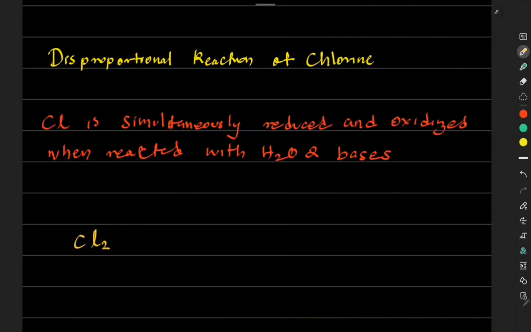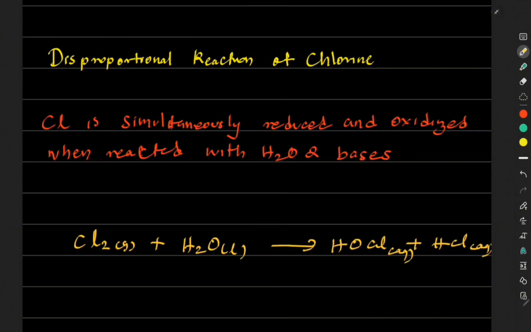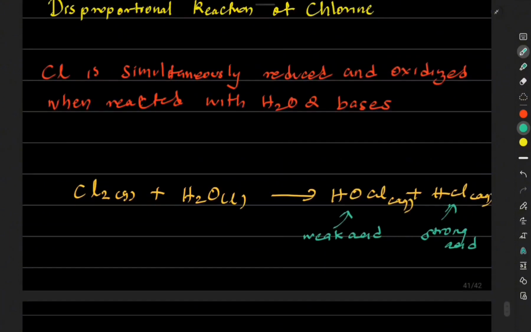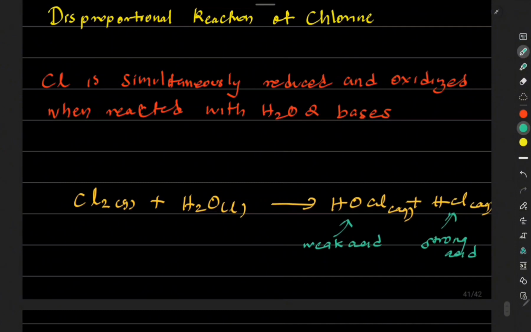Chlorine reaction with water: Cl2 gas, and they form hypochlorous acid plus HCl aqueous. Hypochlorous acid is a weak acid, we have learned this before, and HCl is a strong acid. Here the oxidation state of Cl2 is 0.